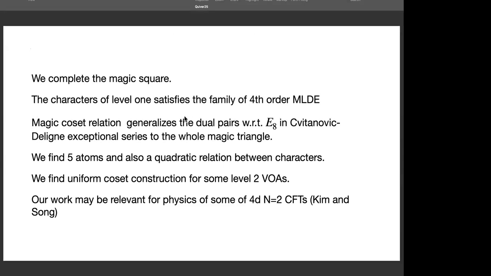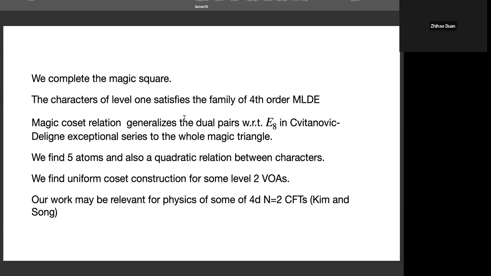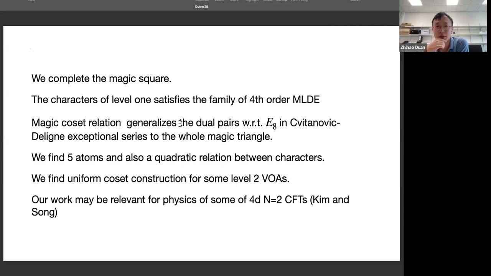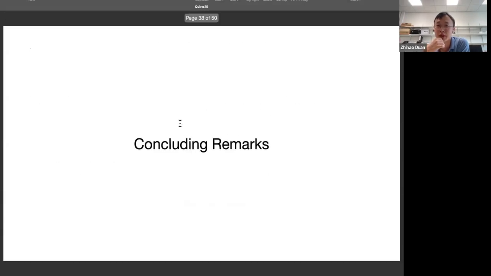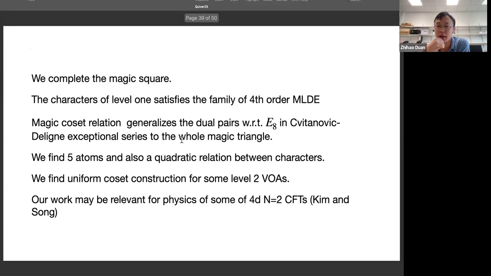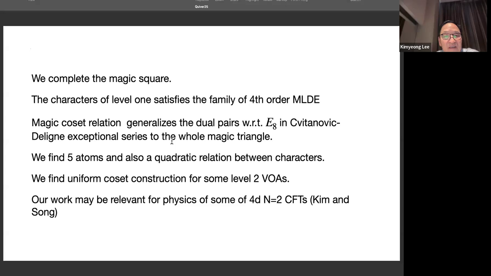Hi, Kimyeong. Actually, I have a question. So I'm wondering, for those intermediate algebras, do you have Nahm-sum type expressions? Because I guess in Hyun and Jaewon's work, when they compute those characters, they have a special form. We haven't tried.